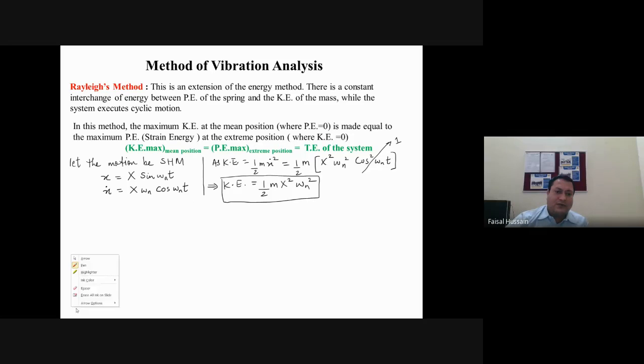Now let us see the potential energy. The potential energy is half k x square. So half k, instead of x, I will write X square sin square ωn t.